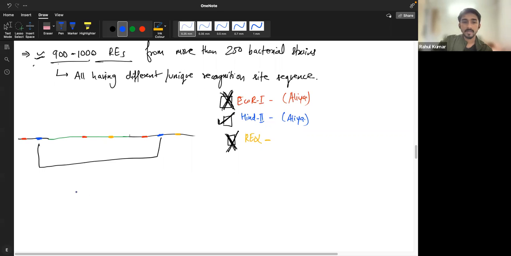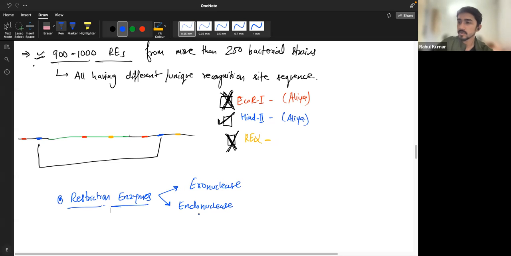Yes. Now, restriction enzymes are of two types, as I told you, exonuclease and endonuclease. Just write down a few words about these as well, if it is asked. It can be asked in your school exams or something.